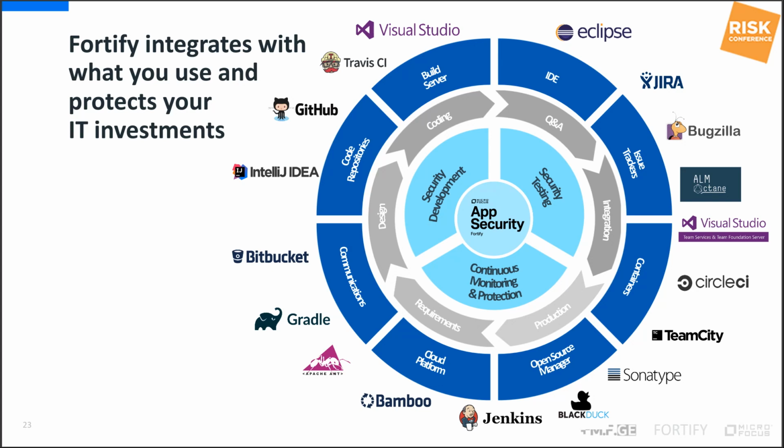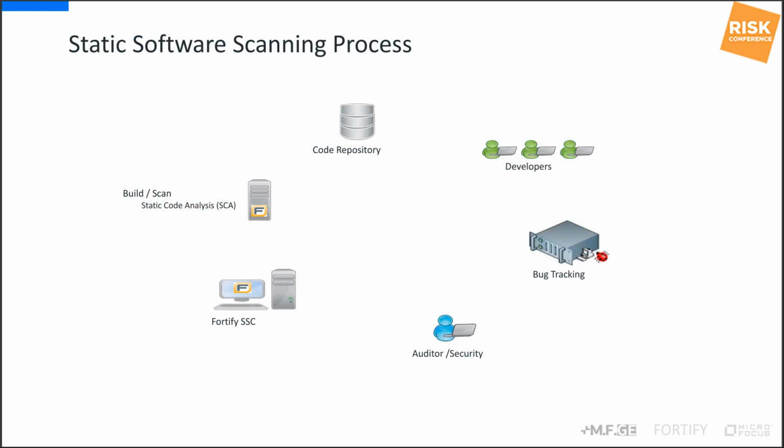Here you can see, for example, IntelliJ, which will support the full integration by the IDE plugin. Also Gradle, Maven, and all these tools are supported, and we can work with all of them. As well as we support the Microsoft environment fully, starting from the Visual Studio plugins up to Azure DevOps. Everything is supported here.